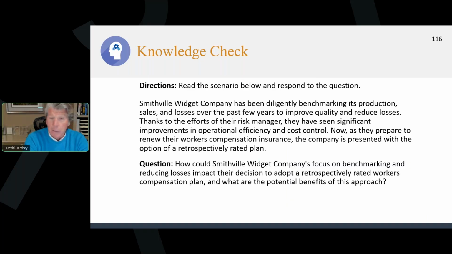The efforts that I put into it, and this gets to Mildred's comment here. If I'm going to invest money in loss control and loss reduction, that's a good thing. But under a retro plan, who's going to benefit from that investment?